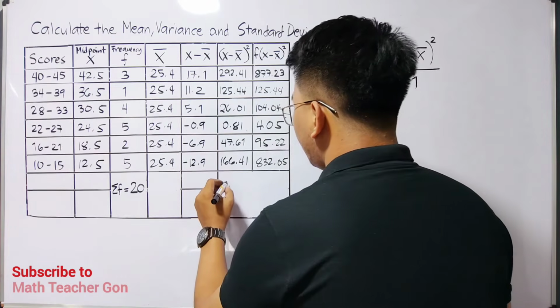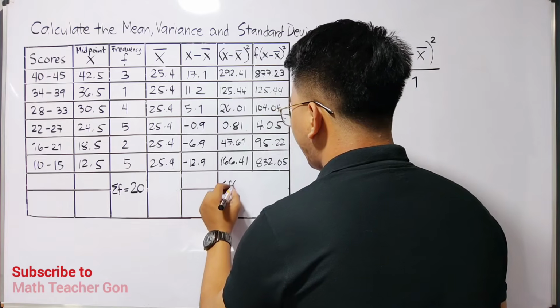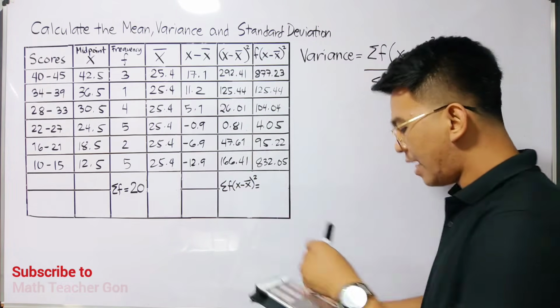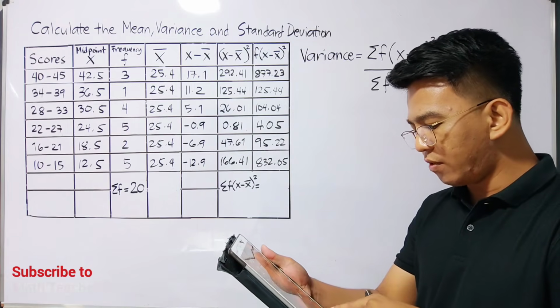So, we have the summation of f times x minus x bar raised to 2. So, add natin lahat yan using our scientific calculator.